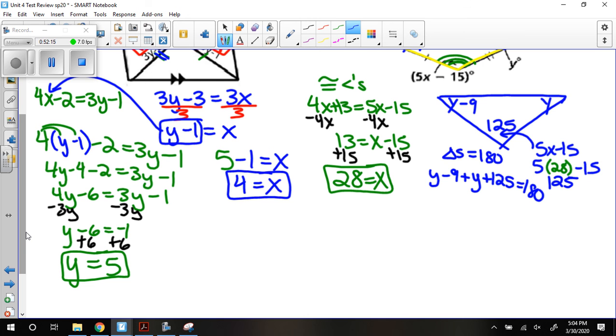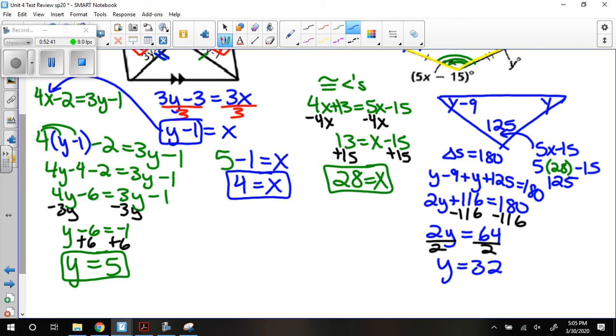So if I combine like terms, I've got 2y plus 116 equals 180. And then I can start solving by subtracting my 116. We've got 2y equals 64, and then divide by 2, so y is 32.